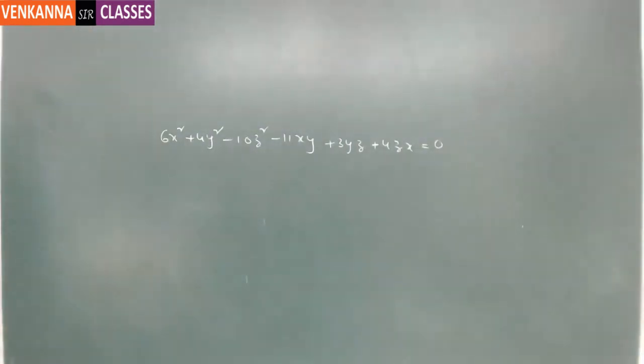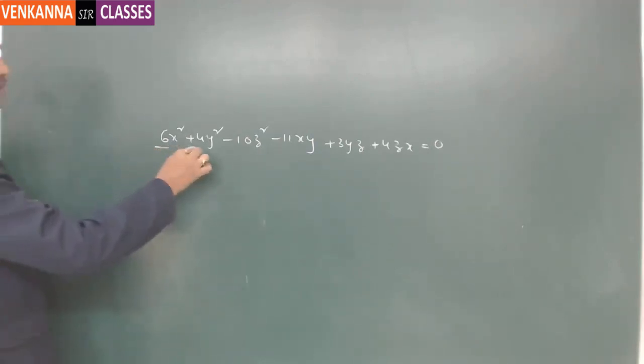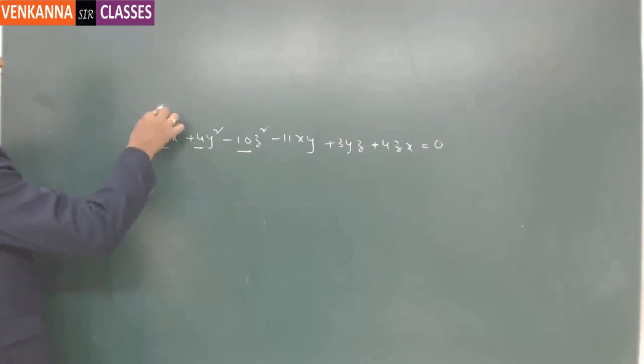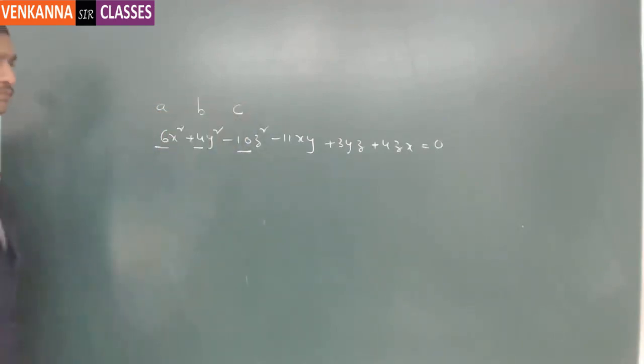So please take a note of this equation, and obviously you know how to calculate the determinant and how to verify the three inequalities. So you can say that it represents a pair of planes. If at all it is asked, describe their nature. So if you observe the coefficients of the squares, 6, 4, minus 10, nothing but the values of ABC.